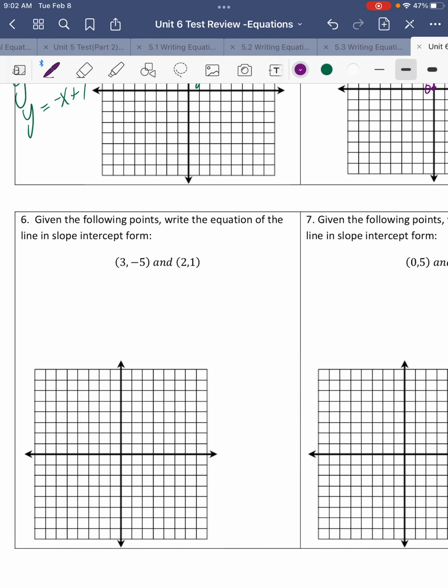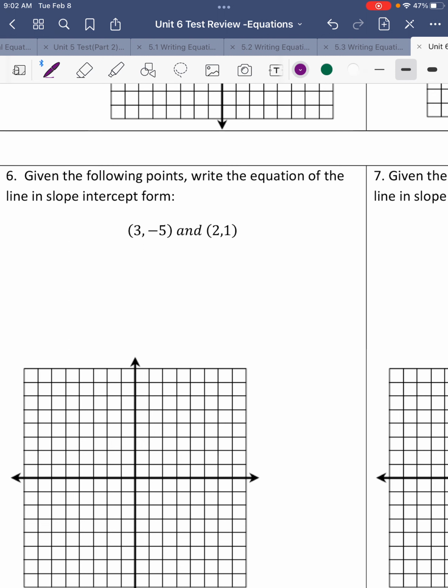Number 6. So we're going to write the equation in slope-intercept form. I'm going to do it algebraically first, then I'll do it graphically. So I have my 2 coordinates. And first we're going to find the slope, which is y2 minus y1 over x2 minus x1.